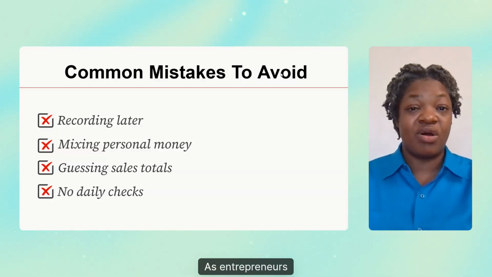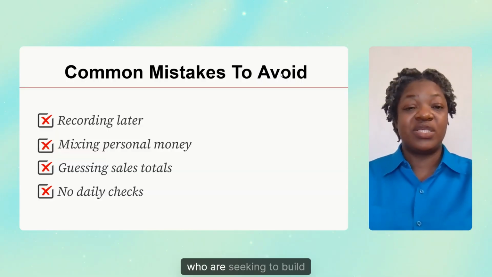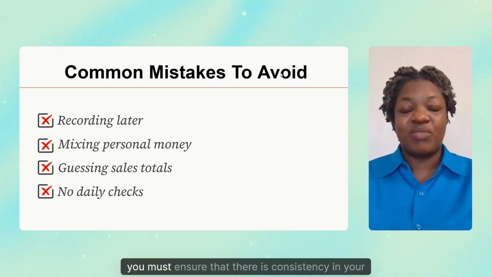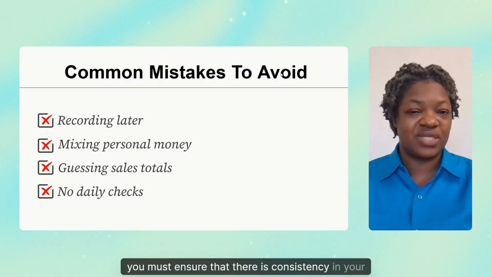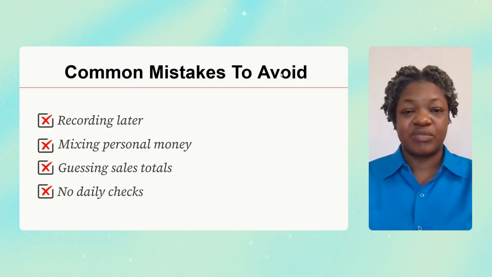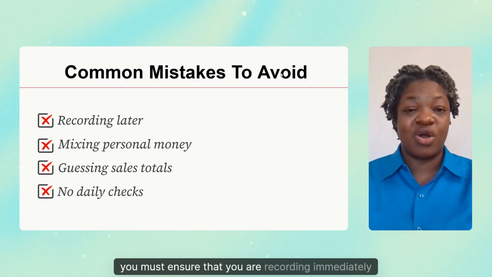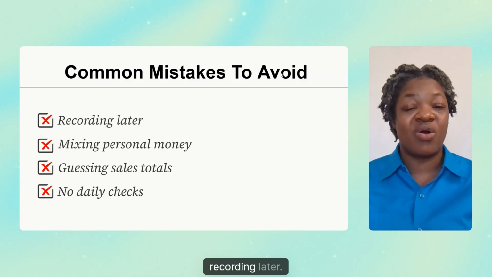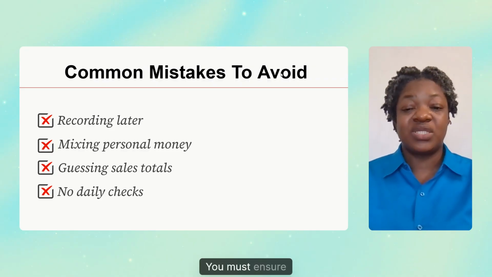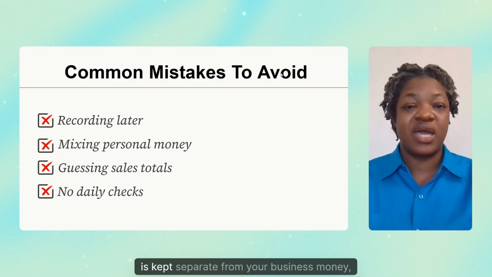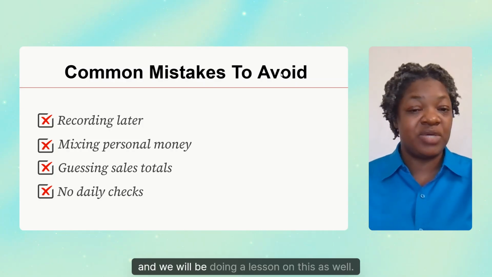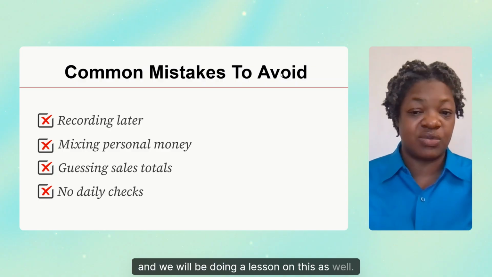As upcoming entrepreneurs who are seeking to build large businesses, you must ensure that there is consistency in your business. You must ensure that you are recording immediately as against recording later. You must ensure that your personal money is kept separate from your business money. And we will be doing a lesson on this as well.